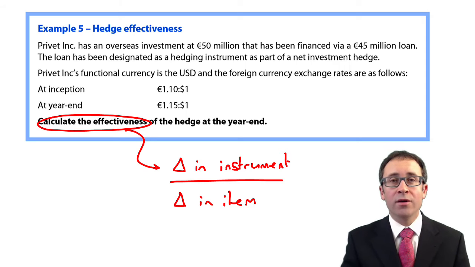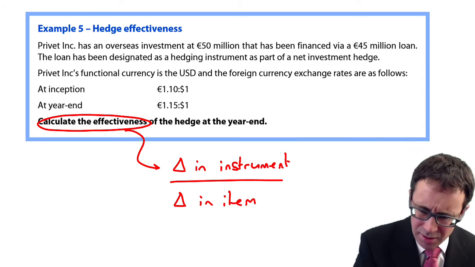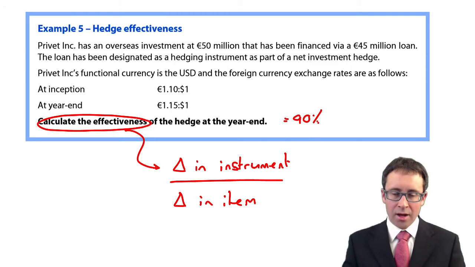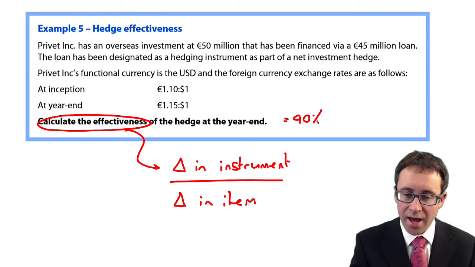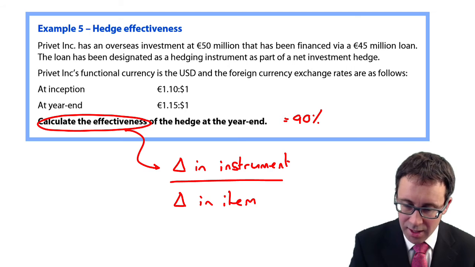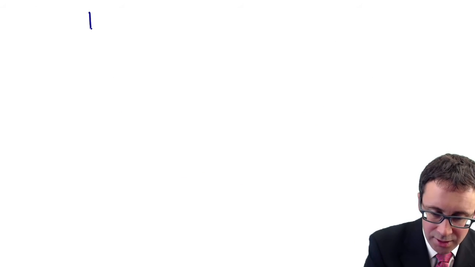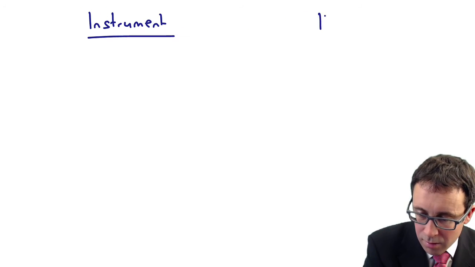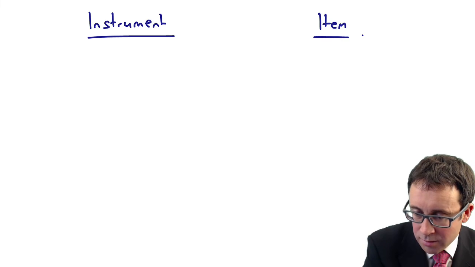Okay, so how did you get on? Did you get about 90%? I think that's what it works out as. Okay, let's just go through there, double check, make sure that you're happy with it. So what we need to look at is the instrument, and careful, the item.